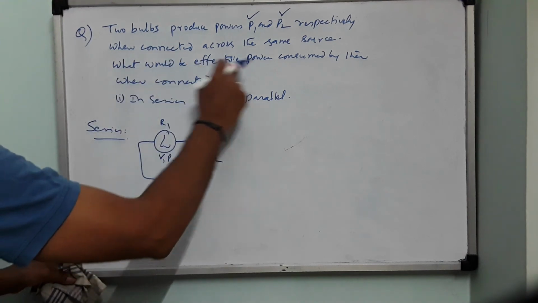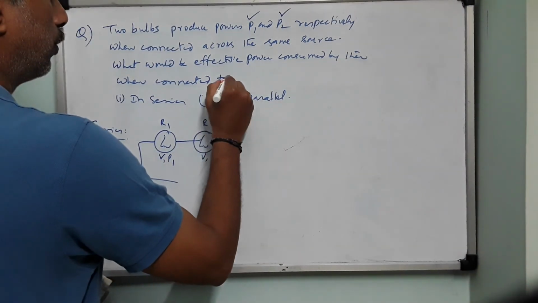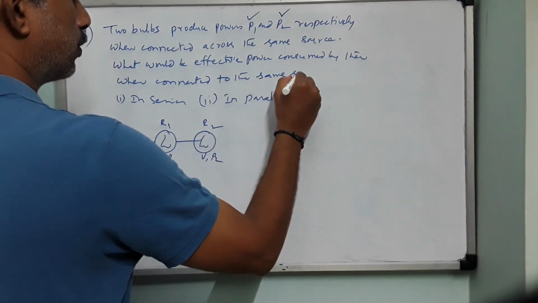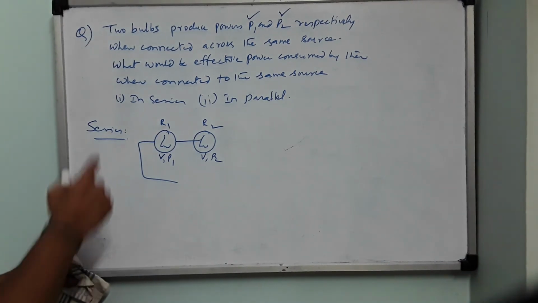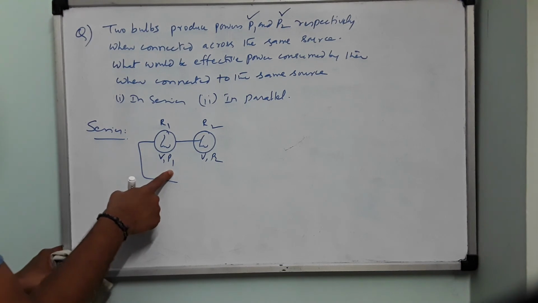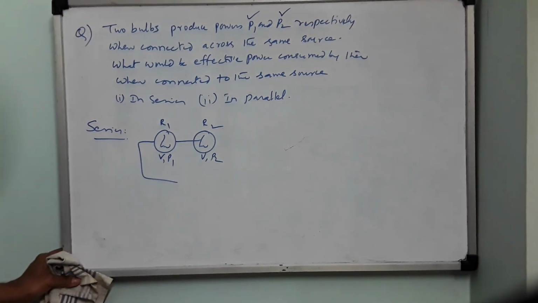So what would be the effective power consumed by them when connected to the same source, in series, in parallel? Individually they consume a power of P1 and P2. If they are connected in series, how much will it be?